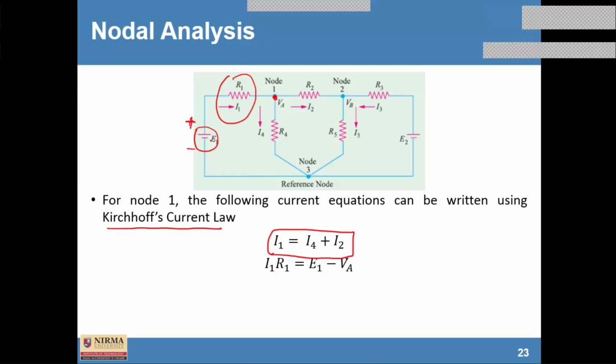E1 is positive. Then in that reference, this node is to be considered, because there is a difference between 1 and 3. Similarly, between E2 and 1 also, there is a difference. And we know that the polarity is fixed for these battery sources, which is independent of current sources. So here we can write an expression.